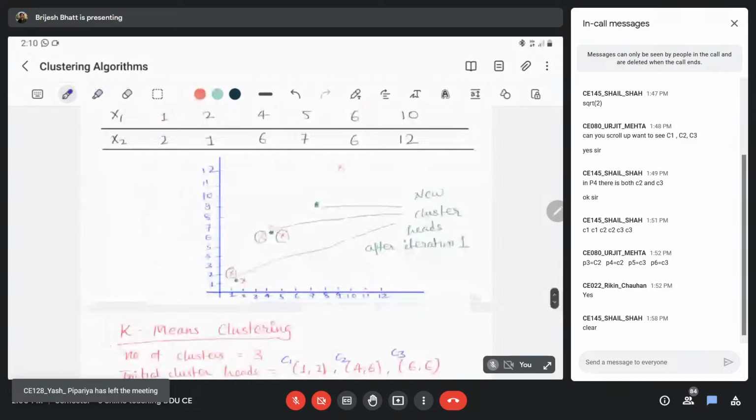So hierarchical agglomerative clustering starts with the number of clusters equal to the number of data points, and in every iteration, it merges the clusters with maximum similarity.